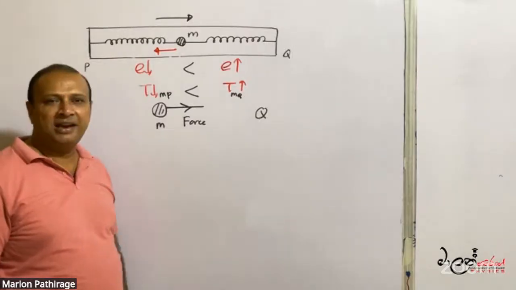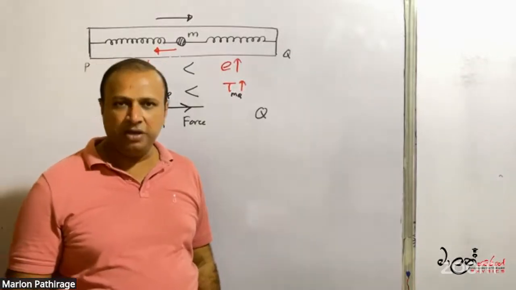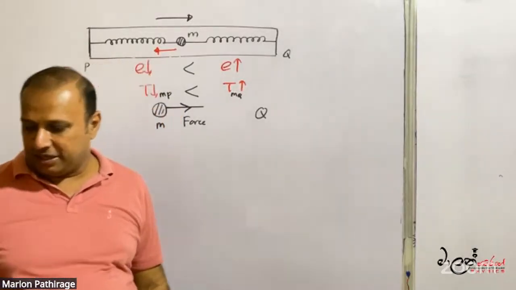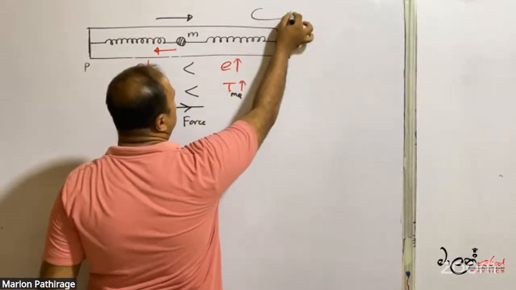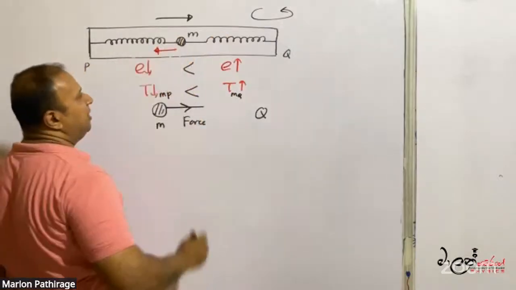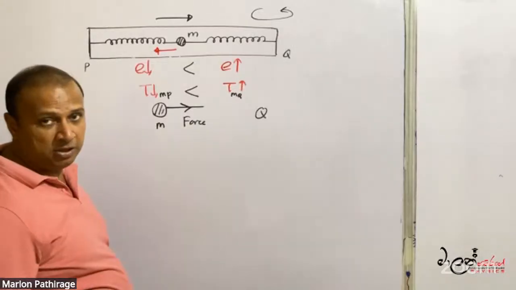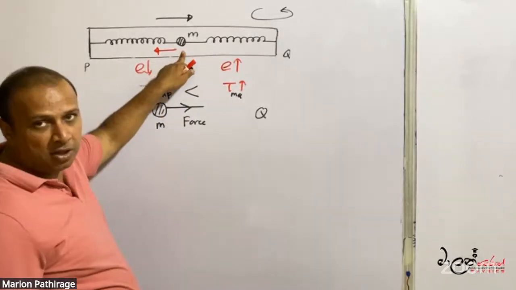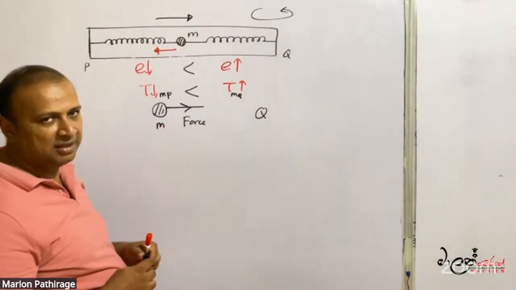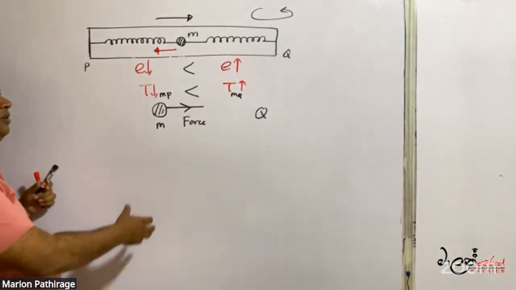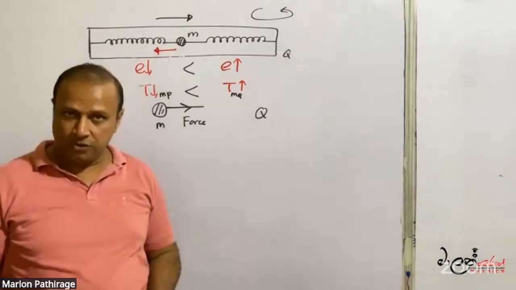Therefore, answer number B should be correct, because if there is a rotation about this, there should be a centripetal force exerted on this object in this direction. So answer B is also correct.